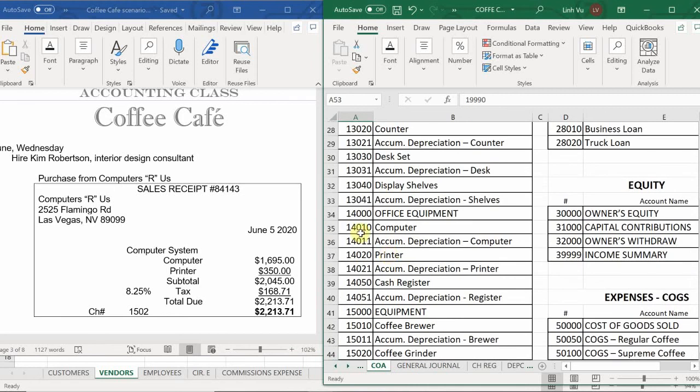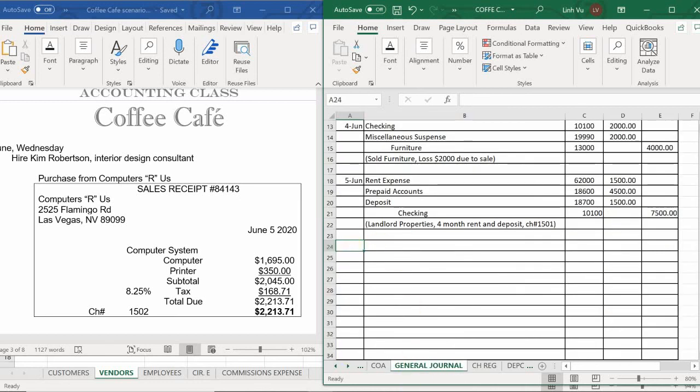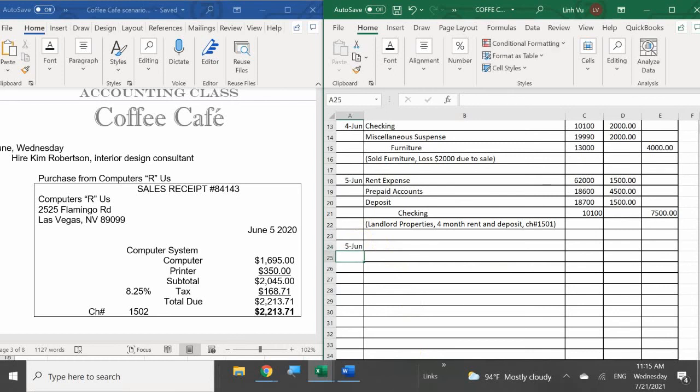In this case, yes, we do. 14010 and 14020 for my computer and my printer. And how did I pay? With checking. I paid with a check.